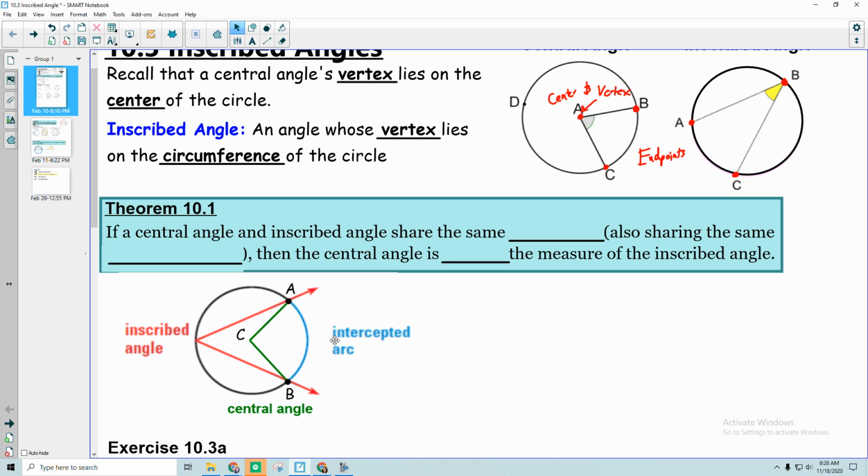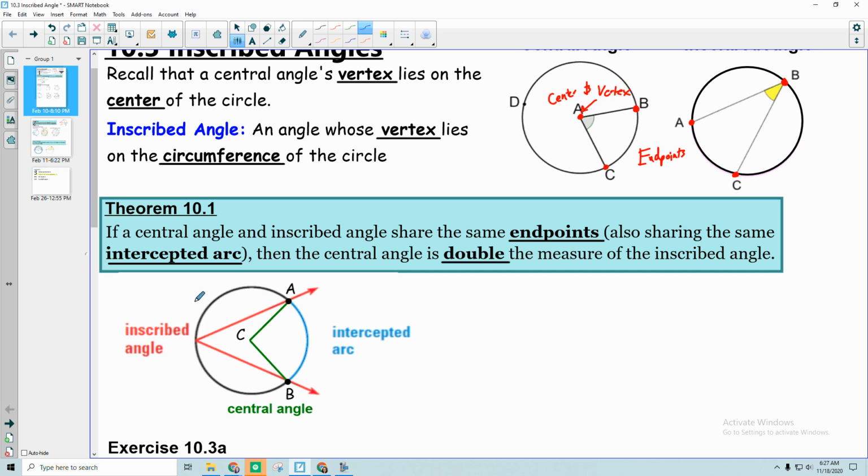The intercepted arc is the arc highlighted in blue here, between points A and B. If a central angle and an inscribed angle share the same endpoints, like this green central angle and this red inscribed angle, they also share the same intercepted arc. Then the central angle is double the measure of the inscribed angle.